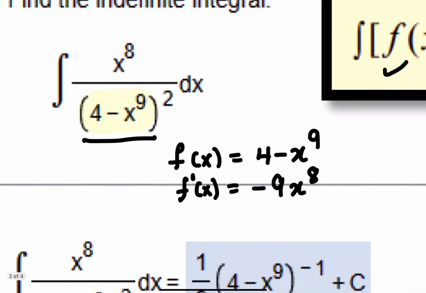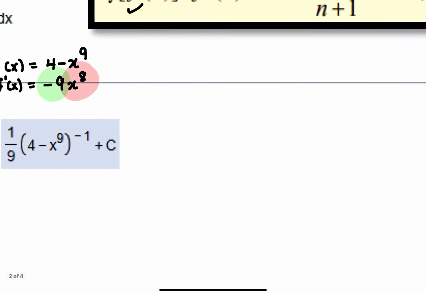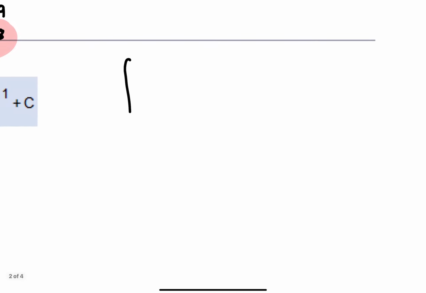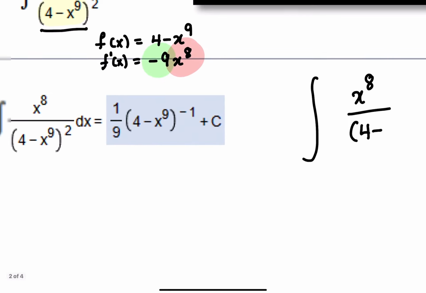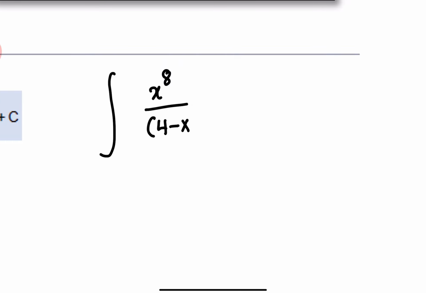Now the question is, do I have this? You do, but you only have partial. You don't have this negative 9 part. That's fine. I'll go ahead and stick that in there. So this is the integral of x to the power 8 divided by 4 minus x to the power 9 whole squared dx. Right? That's what your integral is.